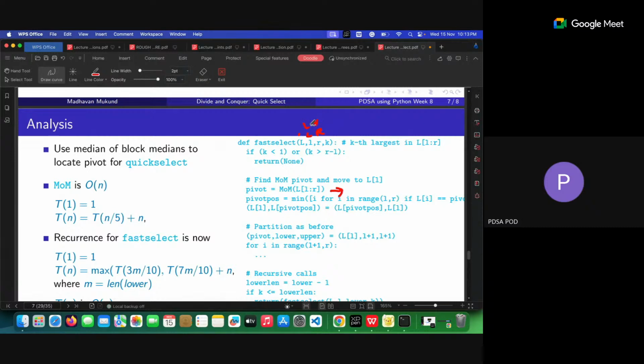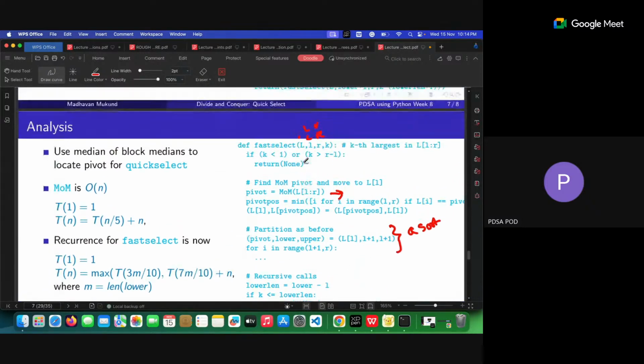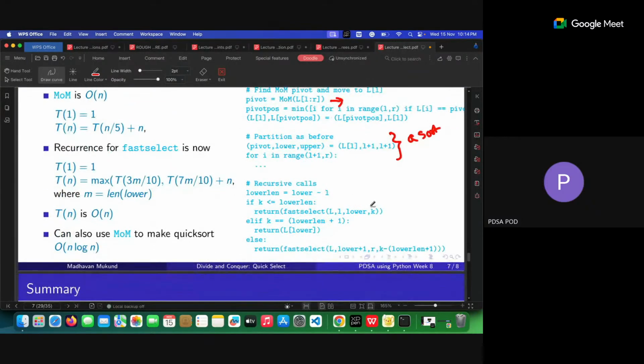We find the median of medians between L to R, find that MOM pivot and move it to L. So you get the pivot. The remaining partitioning part is the same; whatever quicksort code is there, the same thing is repeated here, no difference. But here fast select is recalled. Here it is recursion call 1.